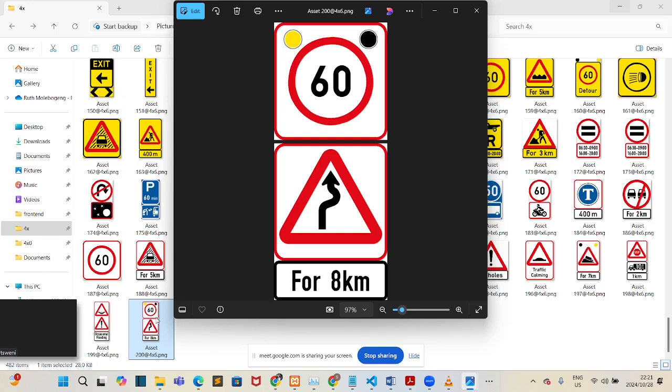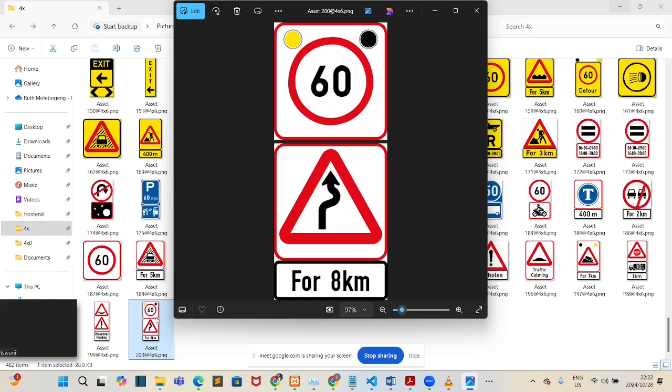All right, which one's the correct answer there? Can you repeat B for me? B says it warns that there are sharp curves in the road 8 kilometers from there and the speed limit is 60.